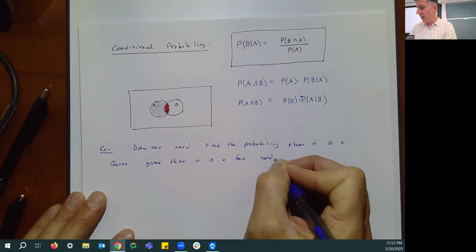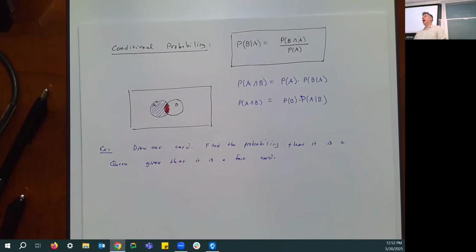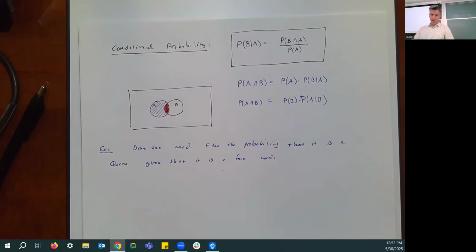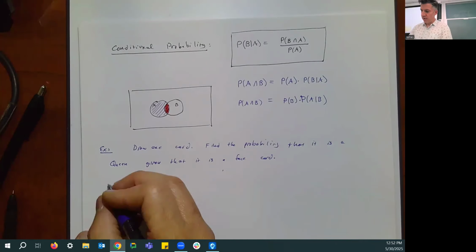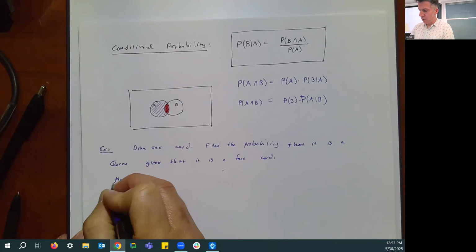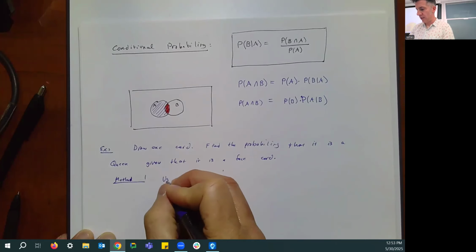So one way to imagine this situation is I drew a card. I looked at it and told you it's a face card. And I'm asking you, what's the probability that this is a queen? So the easy logical way of doing this, and I suppose I should use some good notation here instead of just making it up: method one, we use what's called the reduced sample space.